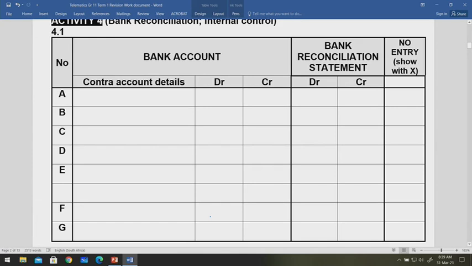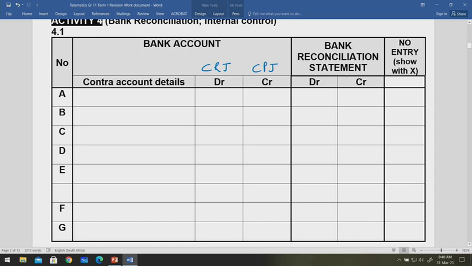When we look at something like this, you realize that the bank account on the debit side is actually referring to the CRJ. So if we are supposed to put something in the CRJ, it will go into the debit column of the bank account. In the CPJ, we credit bank. So if something is supposed to go into the CPJ, we will put it in the credit column of the bank account.